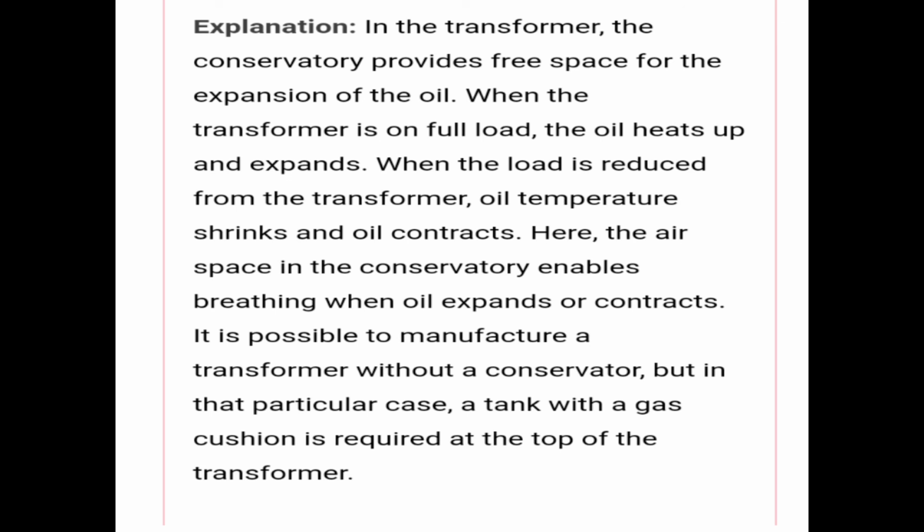When the load is reduced, the oil temperature falls and the oil contracts. The airspace in the conservator enables breathing when oil expands or contracts. It is possible to manufacture a transformer without a conservator, but in that case, a tank with a gas cushion is required at the top of the transformer.